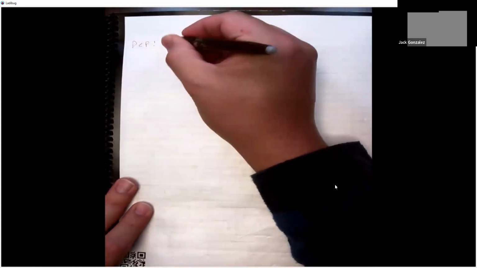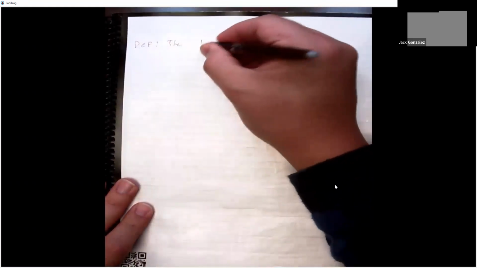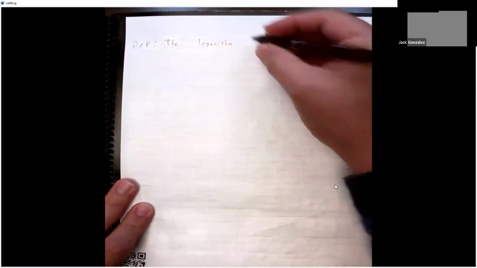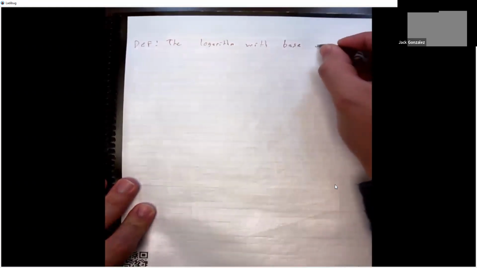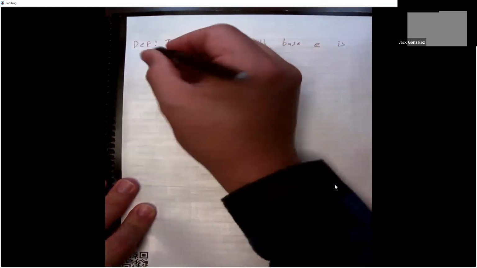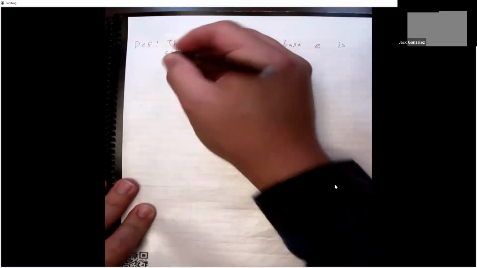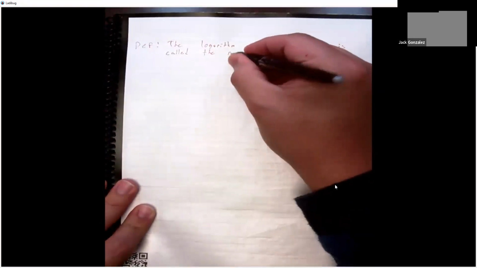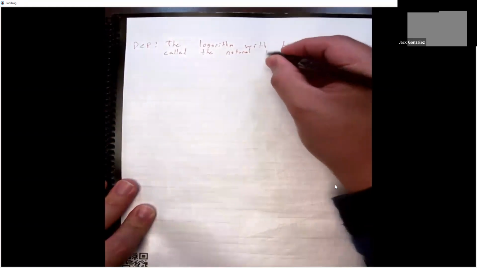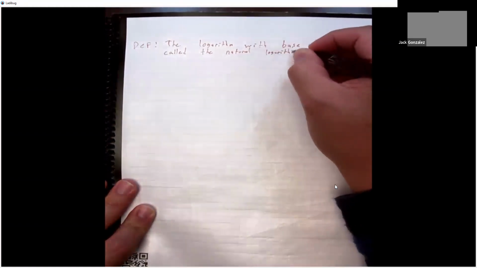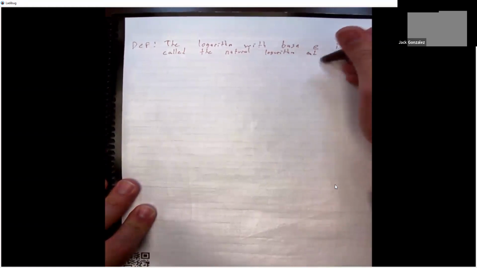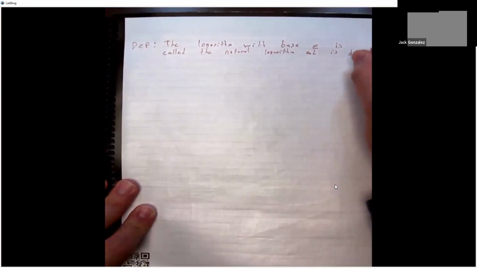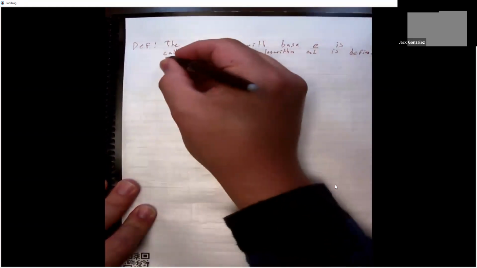Natural log definition, and then we'll be done with the section. The logarithm with base e is called the natural logarithm and is defined by the following.